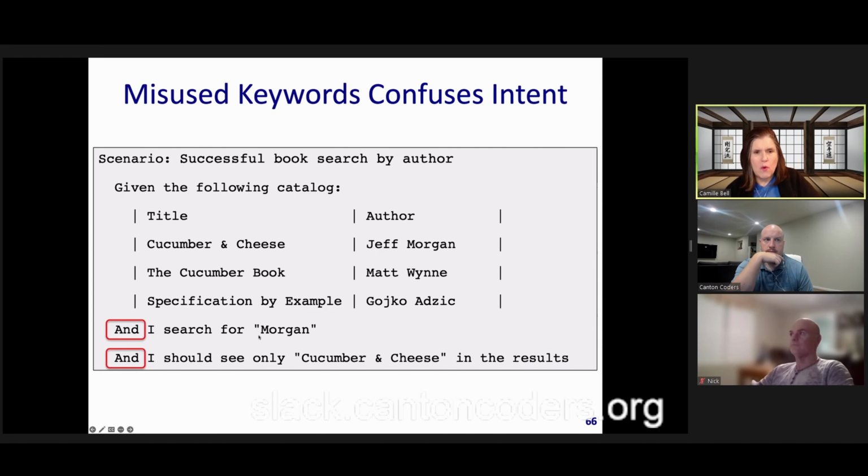So this is the when, this is our action, and that should use the word when, but it doesn't. This is the and, that's an action. And it should specify that's not the action, that's the then part. That's our post condition. So that's what we're expecting. That's what would be equivalent to an assert in a unit test.